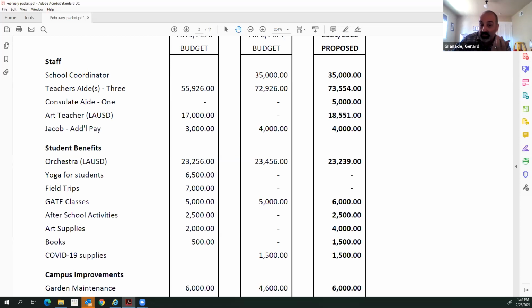As far as we would love to offer more, we would hope the district gives additional funding. That's something we've asked for. Much like magnet schools have a magnet coordinator, if the district would fund some sort of dual language coordinator, then that would free up our coordinator position to purchase additional things. But that's not the case.